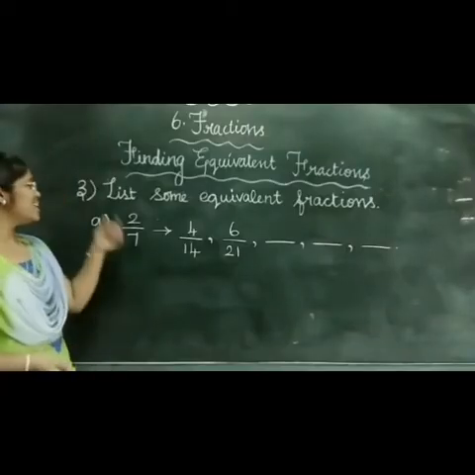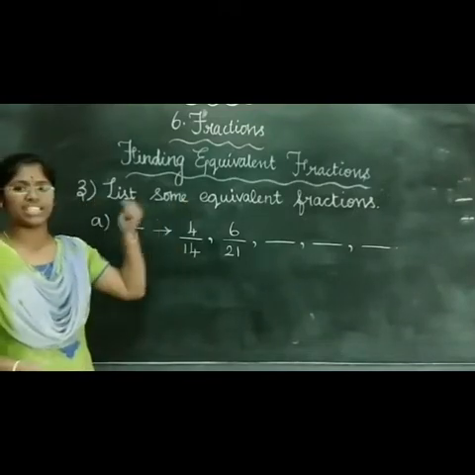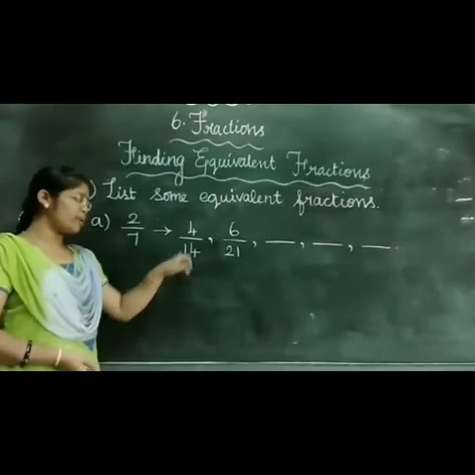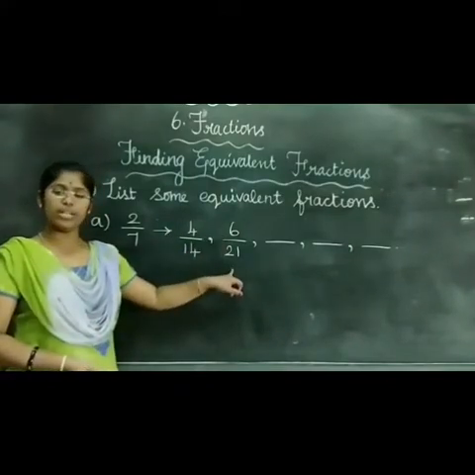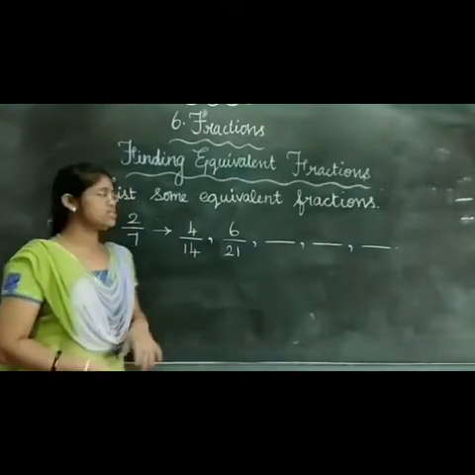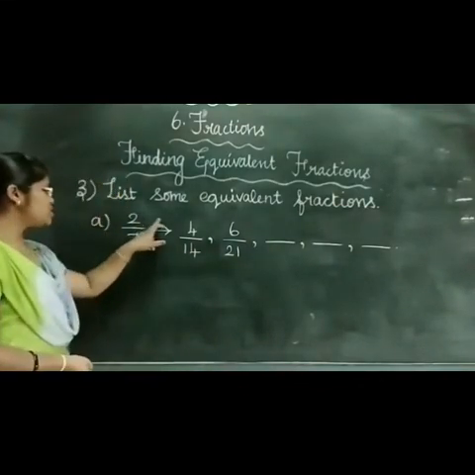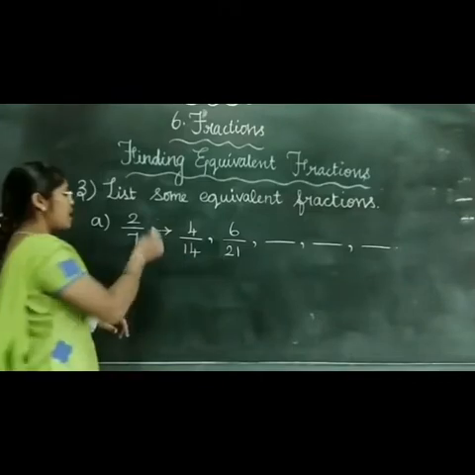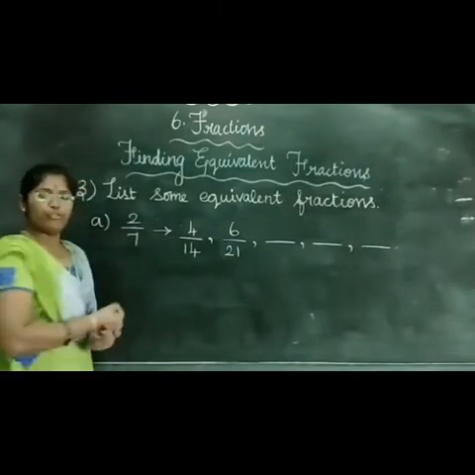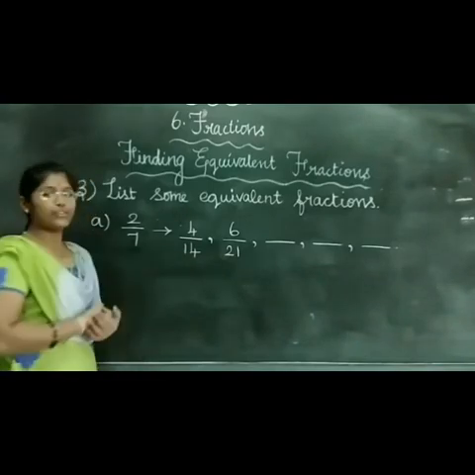The question is list some equivalent fractions. 2 by 7. See here children, 4 by 14, 6 by 21 is given. We have to find 3 more answers. See, first 4 by 14. We have to multiply this by 2, means 2 twos are 4, then 7 twos are 14.